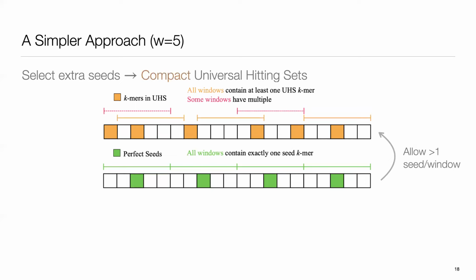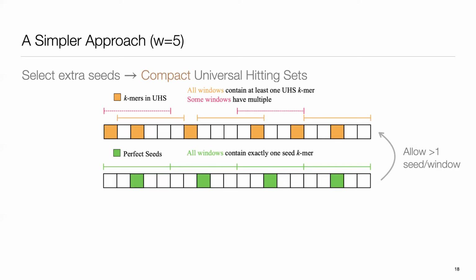And there is established work that says if you can build a small universal hitting set, you can build good minimizers from that. So we use the phrase compare universal hitting sets here.